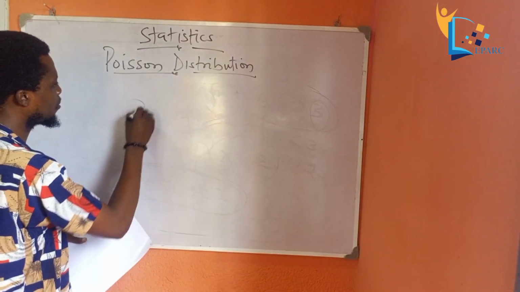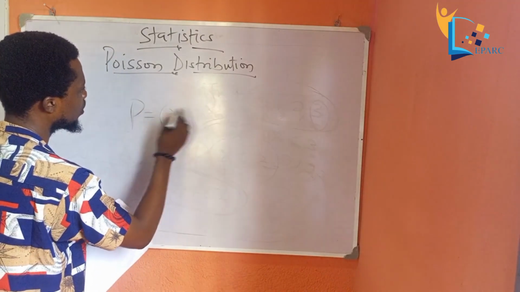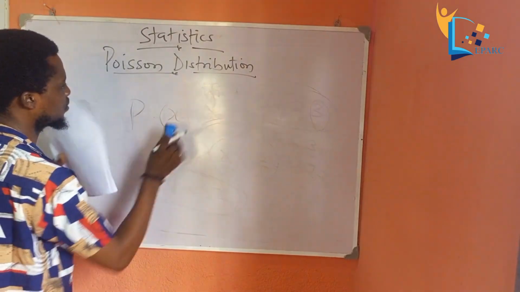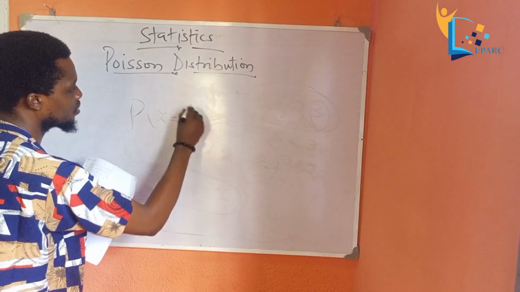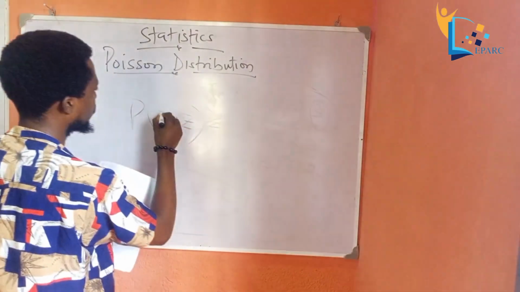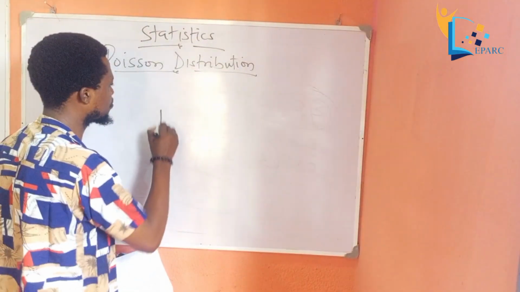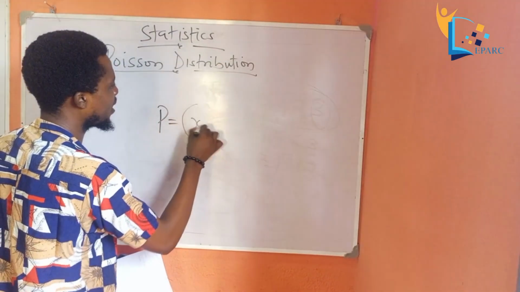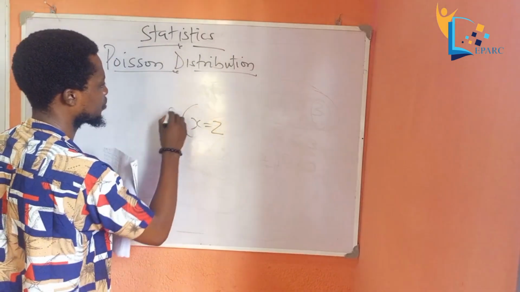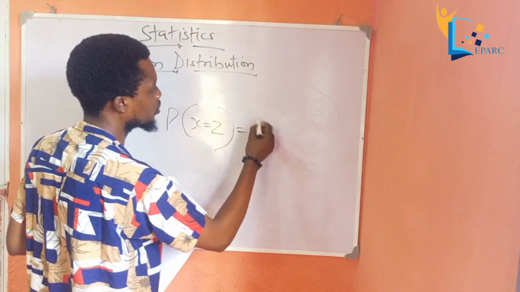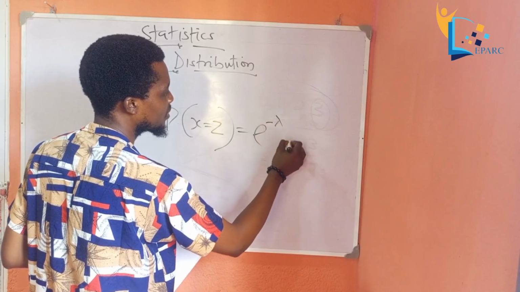We have the formula as P of X equal to Z is equal to Euler's function raised to the power of minus lambda, okay?